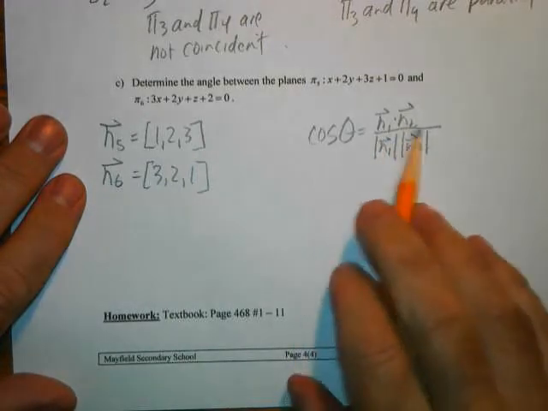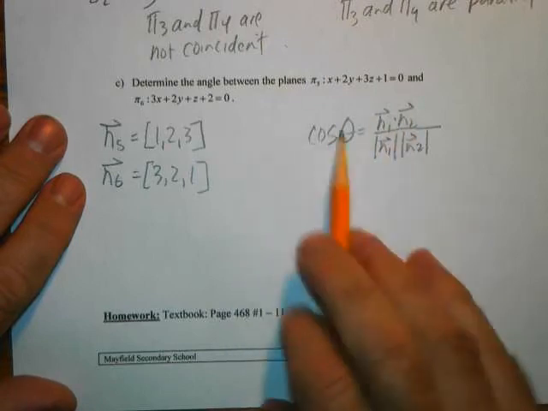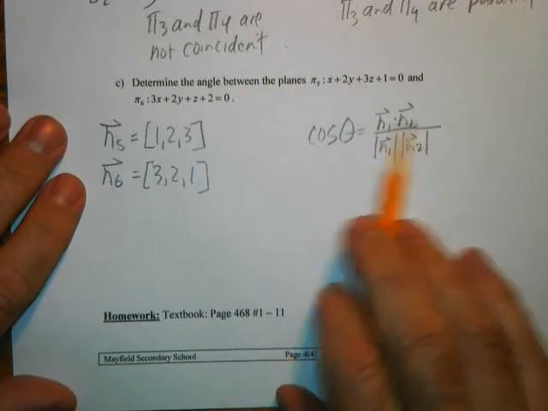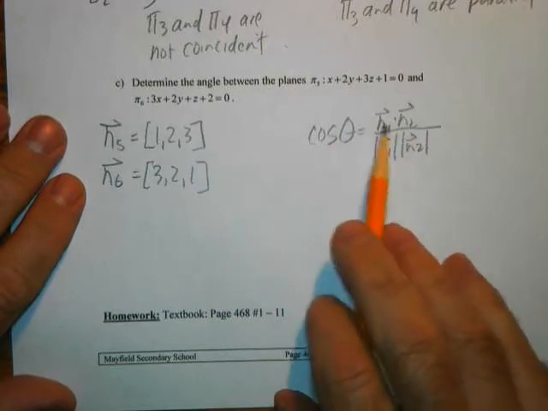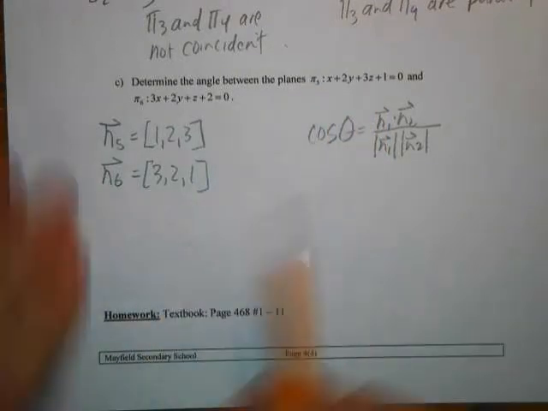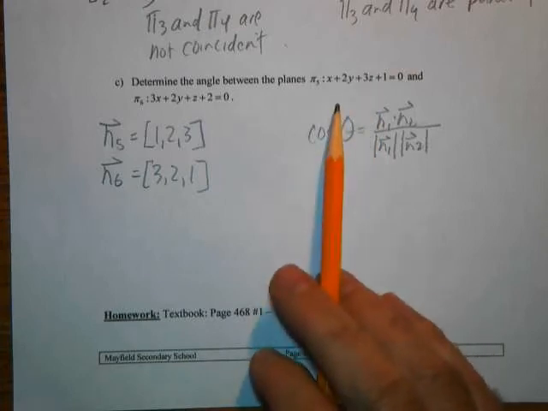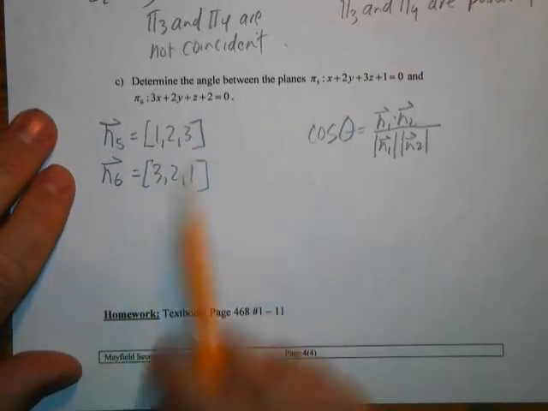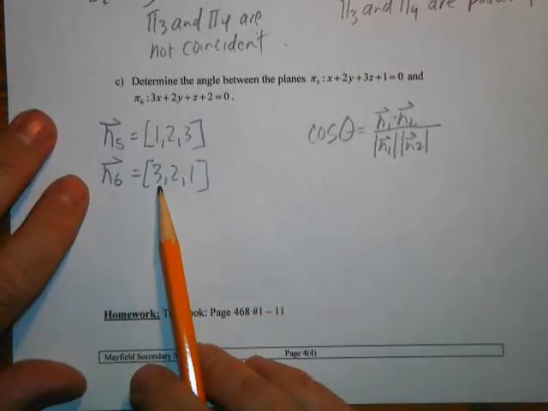Now, the original equation for finding the angle, we'd put the direction vectors here, or any vectors. We're using the normals because basically the angle the planes make with each other will be the same as the angle that the normals of those planes make to each other. So rather than try to come up with the direction vectors, we can do this directly from the normals.